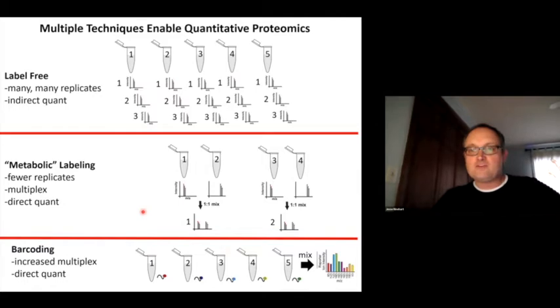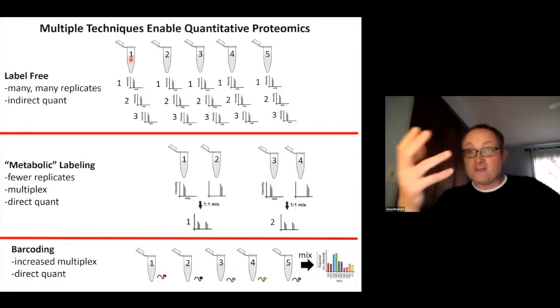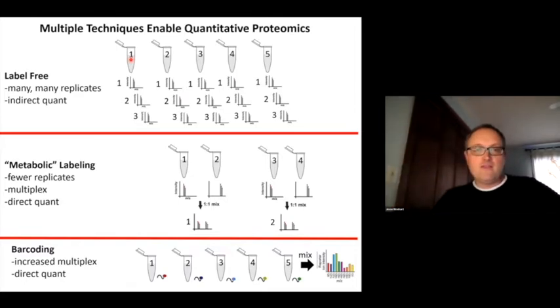There are multiple techniques that enable quantitative proteomics. One of the techniques often employed is what we call label-free. And the label-free will make more sense when we go down to these labeling concepts. But the idea is that you're taking many, many replicates. So in these pictures, I've got this tube that represents your sample, a cell, protein complex, whatever. And that's getting analyzed in the mass spec.